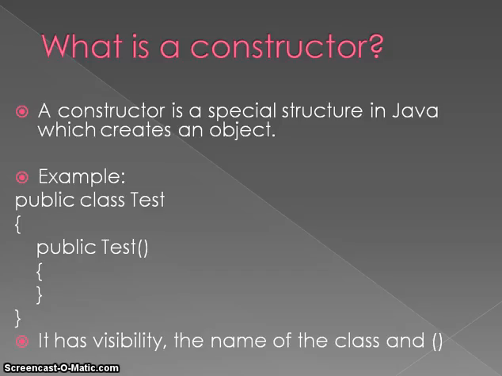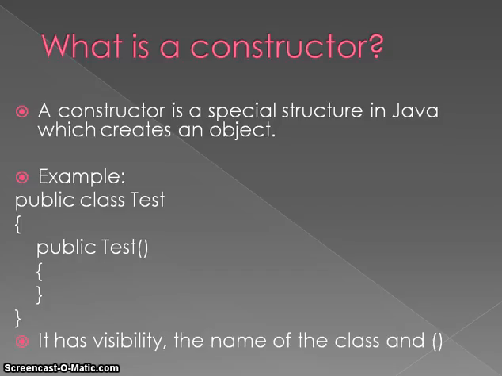In the example I'm showing here, I have a class called test, so in order to create a constructor, I have to call my constructor test with a capital T and the exact spelling of the class. The constructor also has parentheses after the name of the class is given.